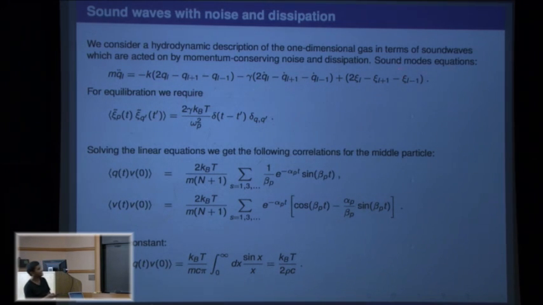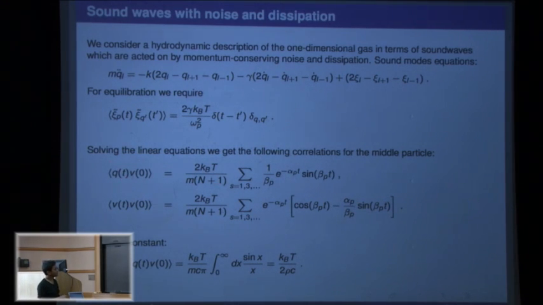This noise has to satisfy a fluctuation dissipation theorem, and one can show that in Q space it is given by this. This will ensure that the system equilibrates at long times. Now, these are just linear equations, and one can go to normal modes and find these correlation functions.